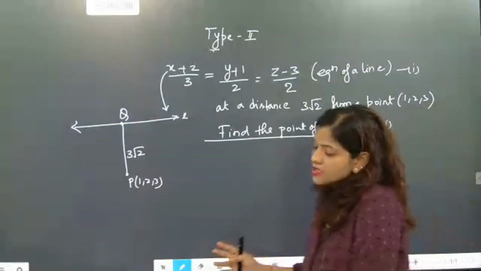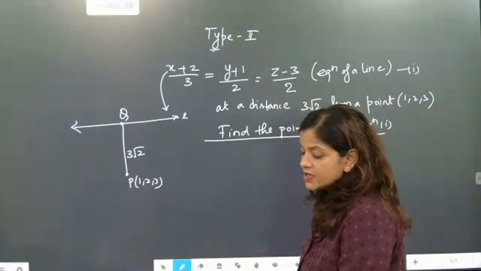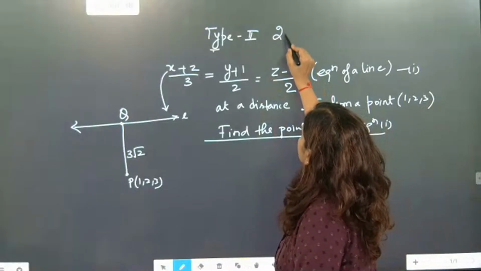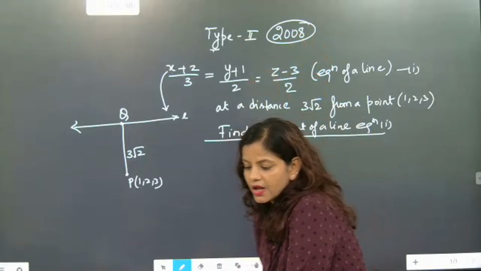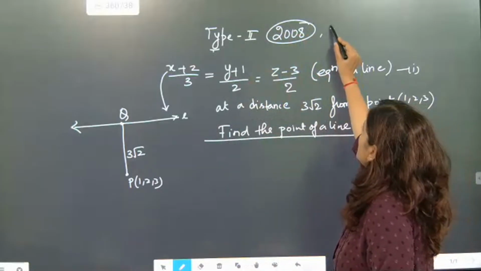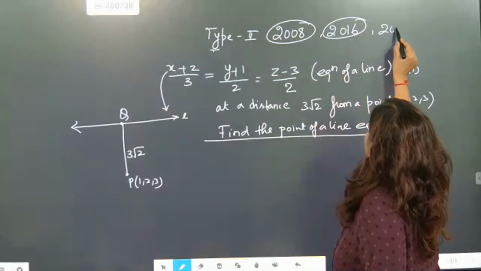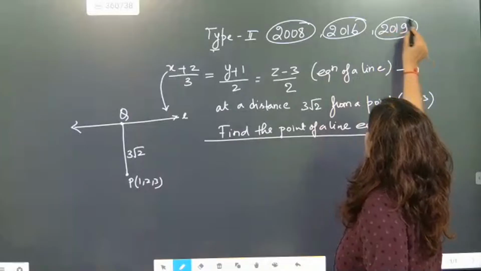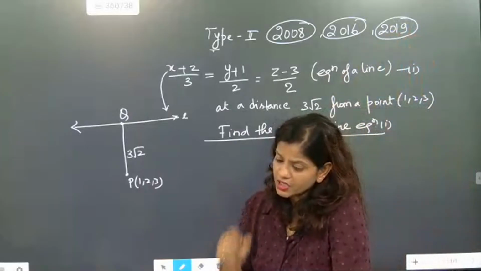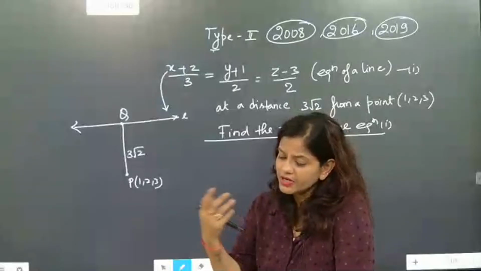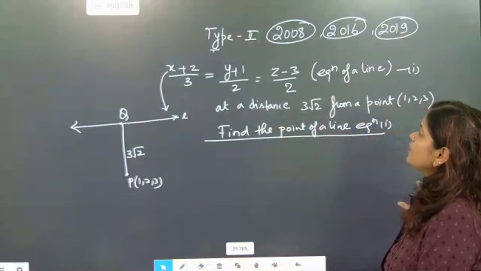So if this question is coming, I want my children to be the first ones who can solve this question, and this question already came in CBSE 2008. This is a very old question, and many times this question has been asked as a compartment question. Got it? So these pattern questions are very, very peculiar questions, and these questions will come in different types of examination. So how you are going to proceed and how you are going to solve.